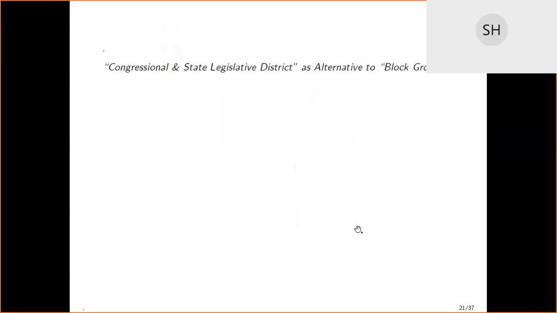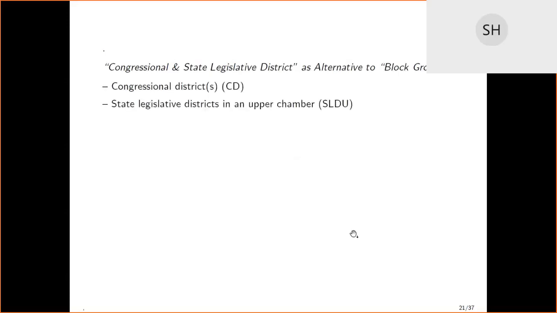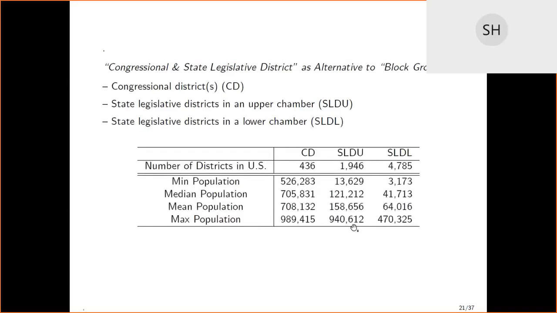We also looked at congressional and state legislative districts as an alternative to block groups for the entire nation. So congressional districts, CD, state legislative districts in an upper chamber, SLDU, and state legislative districts in the lower chamber, SLDL. If you want to know the counts, there are 436 congressional districts.